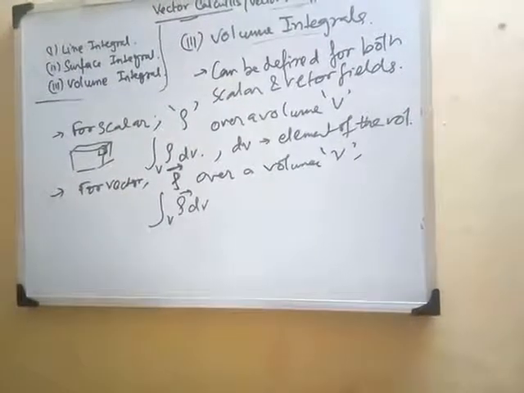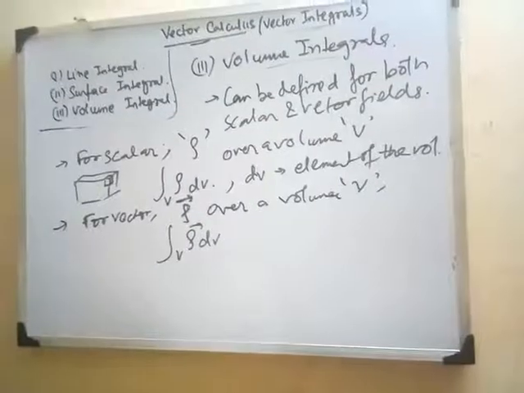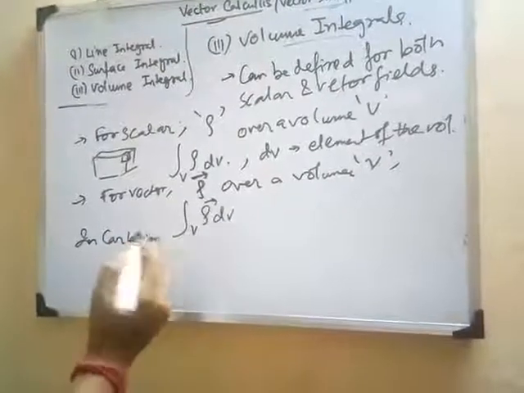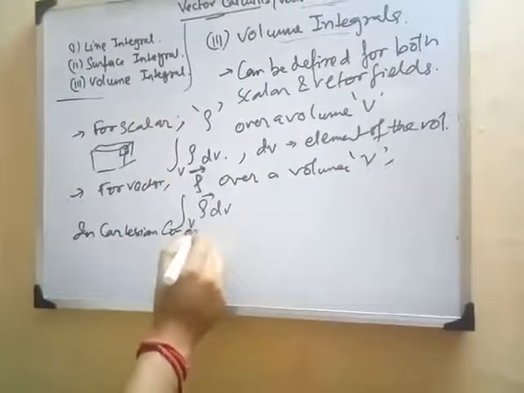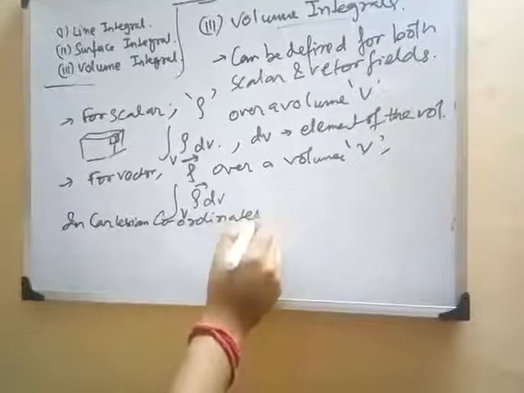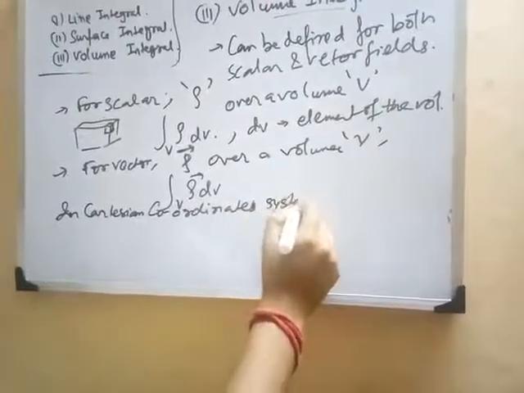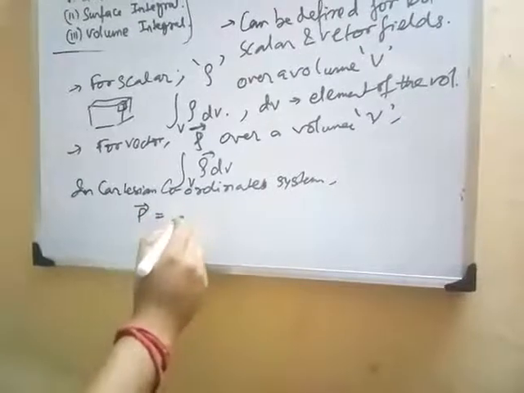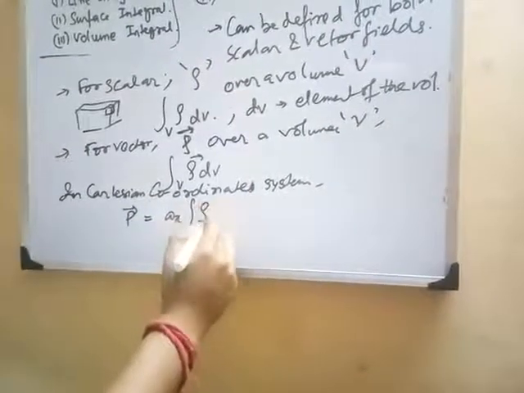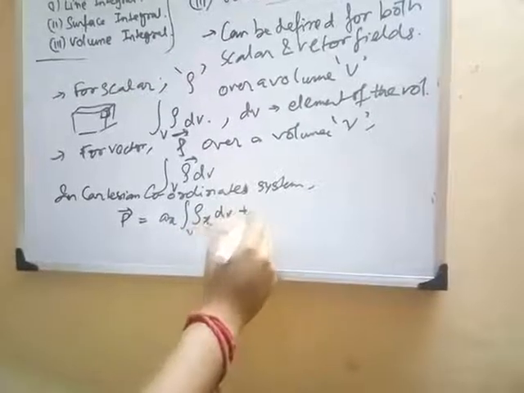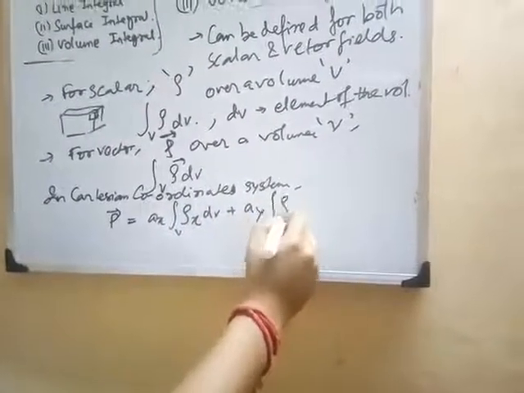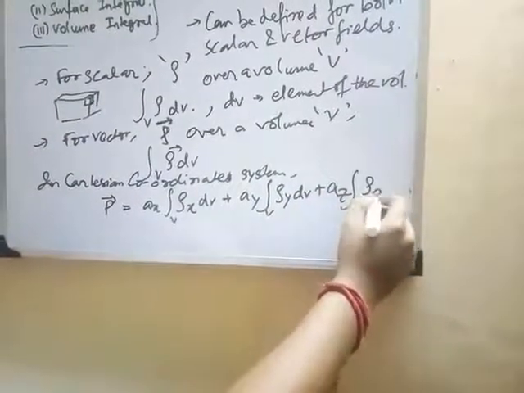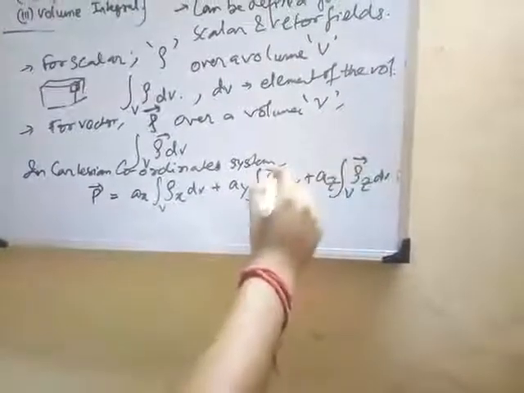Let us expand this expression in Cartesian coordinates, since you know the space variables. In Cartesian coordinate system we simply write the volume integral, say P, equals unit vector ax times the volume integral of rho x dV, plus ay times the volume integral of rho y dV, plus az times the volume integral of rho z dV. All these will be vectors.